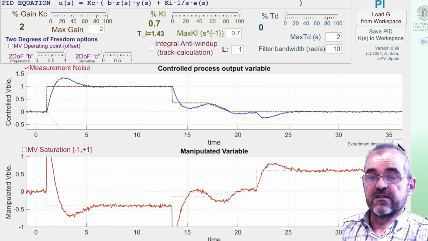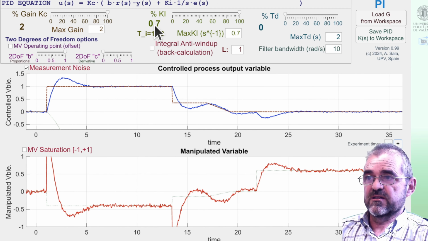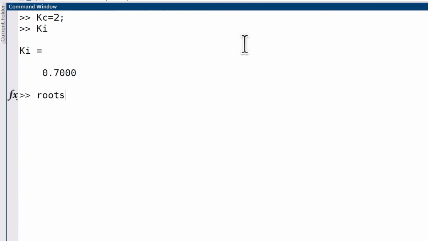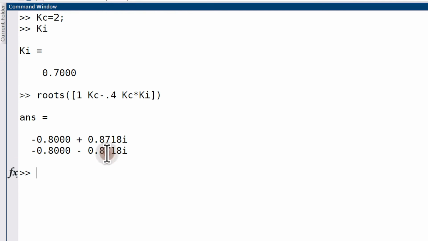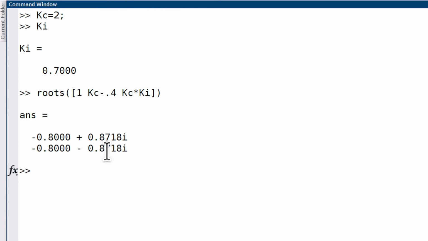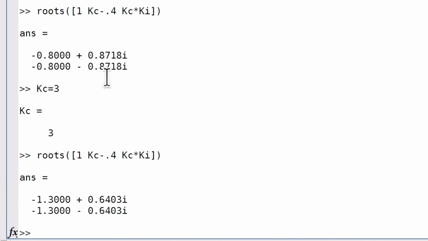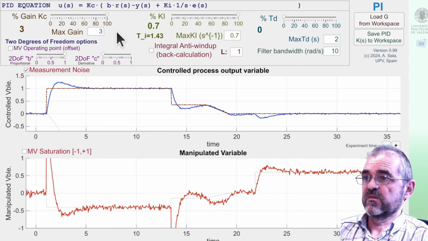Then, for instance, in this case, with Kc and Ki in these values, if I compute the roots of this polynomial, I still get complex roots, but if I set Kc to, let's say, 3, almost there, Kc equal 4, for instance, roots are already 2 real poles, 4.